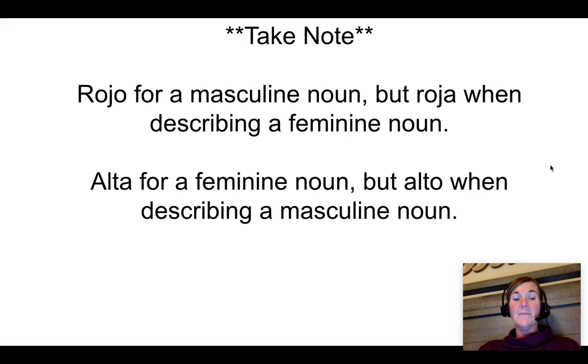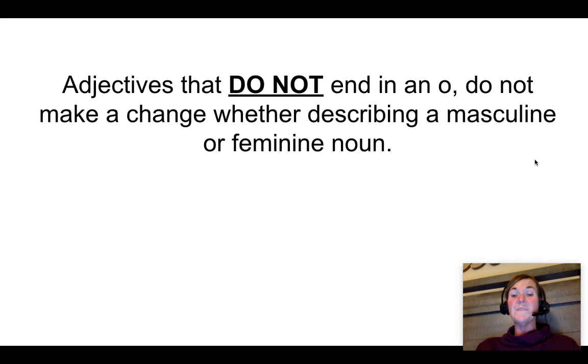Also, if we're thinking about the adjective alto, we think of alto first, but if we're describing a feminine noun, we're going to have alta, where the O changes to an A. And if it's a masculine noun, obviously the O stays for alto. Adjectives that do not end in an O do not make a change, whether they're describing a masculine or a feminine noun. So one example would be the color azul.